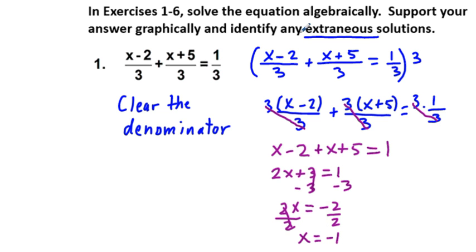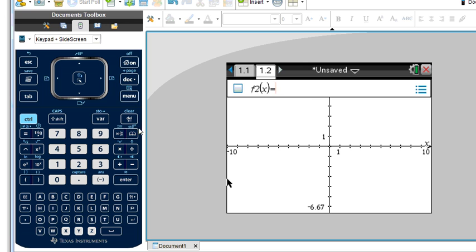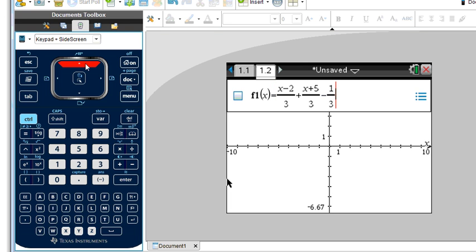So that's step 1. We solved the equation algebraically. To support the answer graphically, we go to the graphing calculator, and as it happens, I entered this equation earlier. A lot of people, when they solve graphically, set one side of the equation equal to one function and the other side equal to another function.